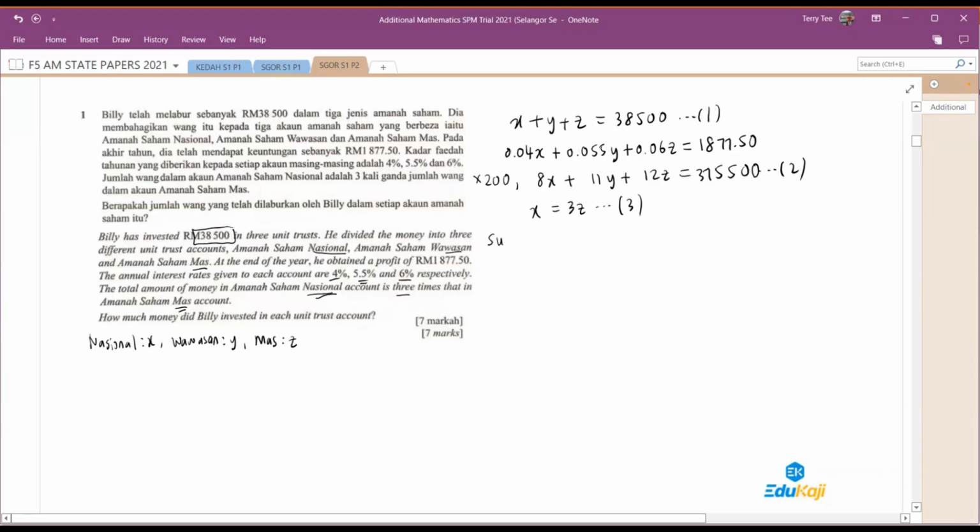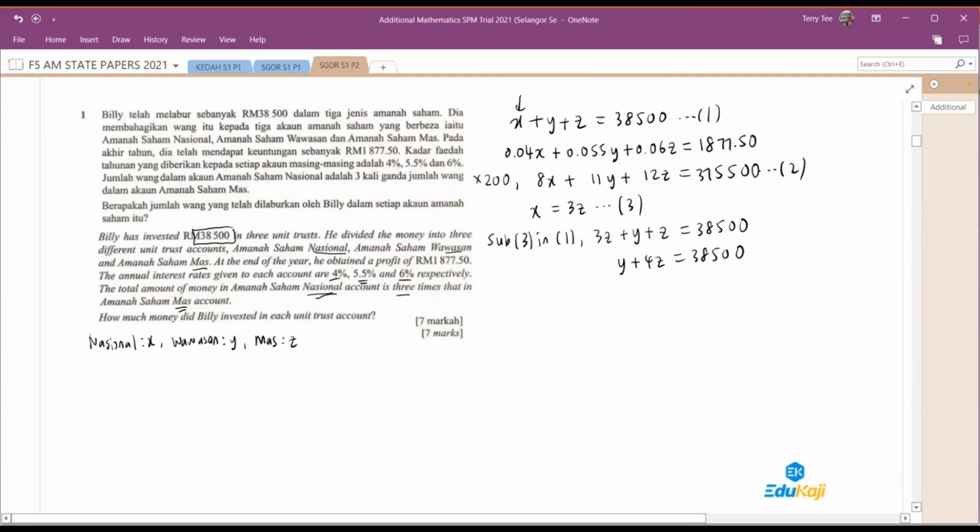We take equation 3 and substitute into equation 1 first. Instead of X, we write 3Z plus Y plus Z equals 38,500. Simplifying, Y plus 4Z equals 38,500.